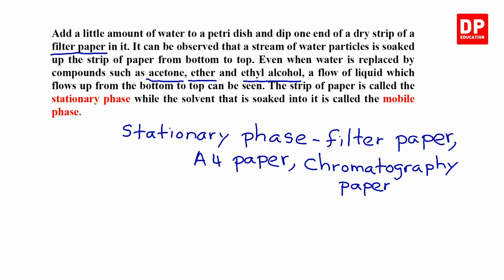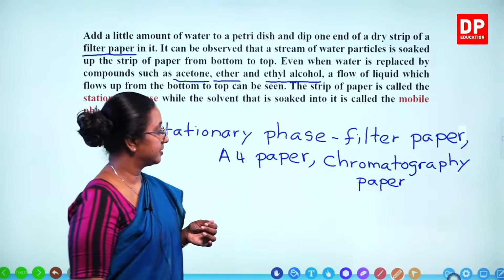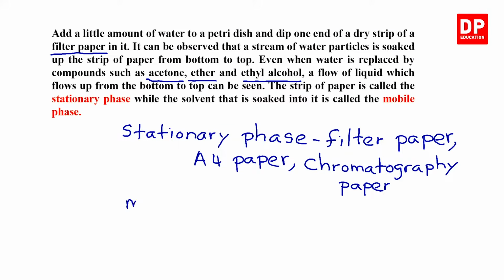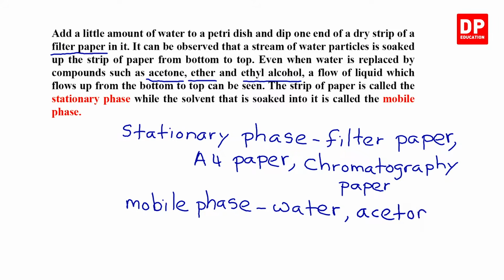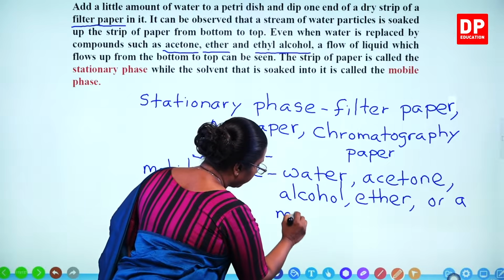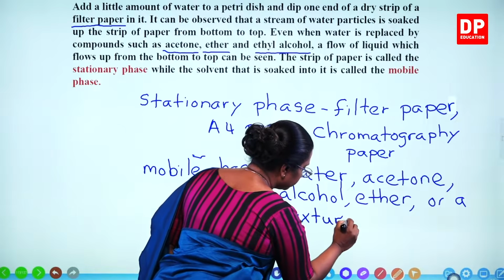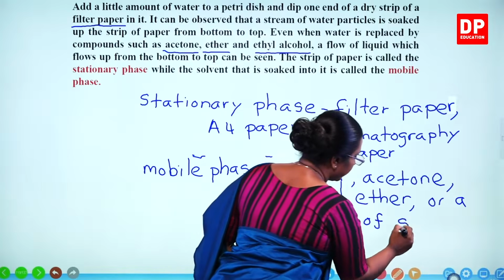These are all different types of stationary phases. And as mobile phases, we can use water, acetone, alcohol, even ether, or a mixture of solvents.